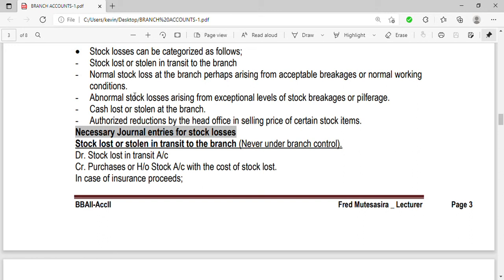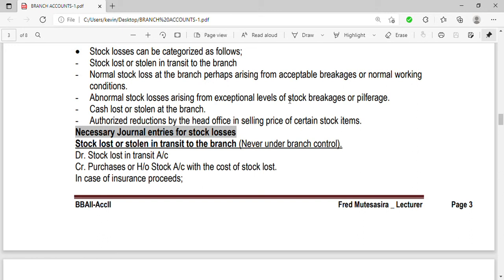Then abnormal stock losses arise from exceptional levels of stock breakages, when something big happens, maybe a fire breaks out and burns the warehouse. It's not normal, it's abnormal stock loss.